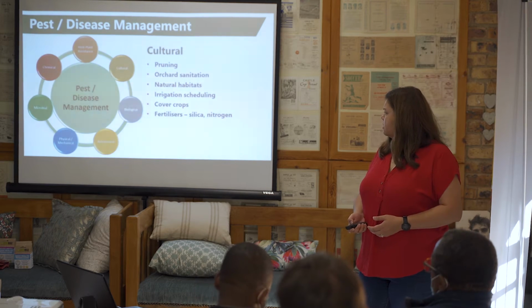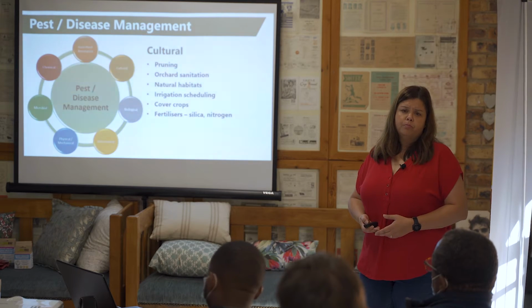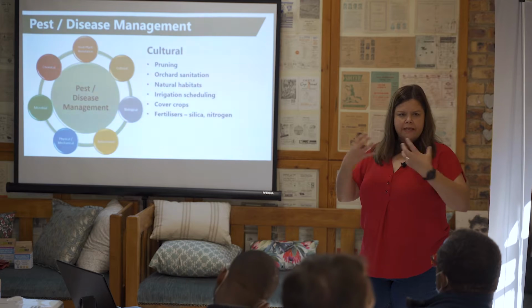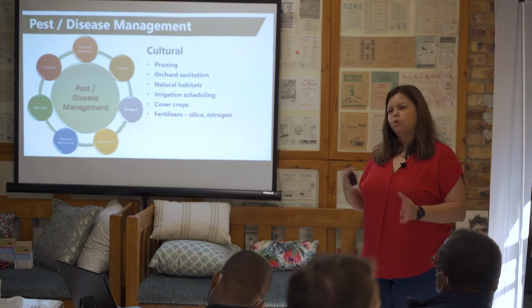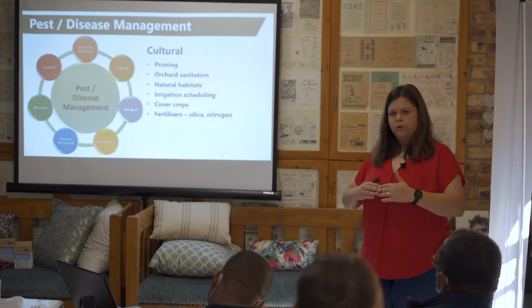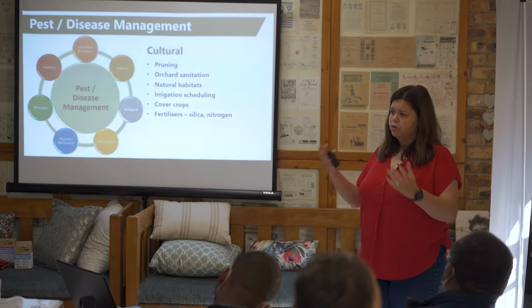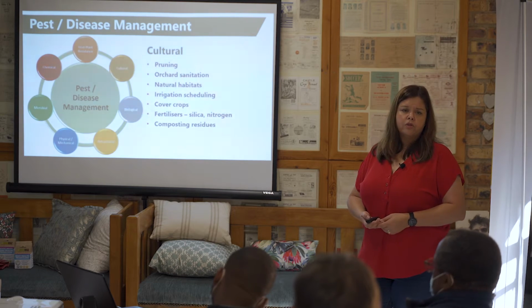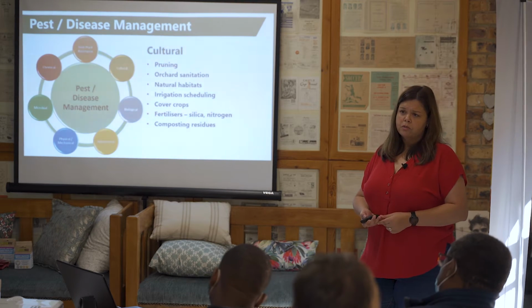Overuse of nitrogen can lead to plants that grow very vegetatively and might actually be more detrimental. So lower nitrogen doses more often rather than a huge dose at once. And then also your composting residues to help build the diversity of your soils.